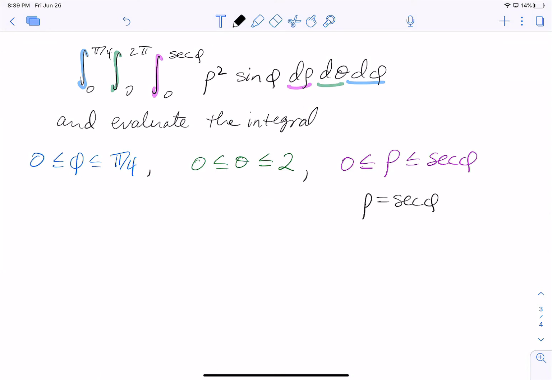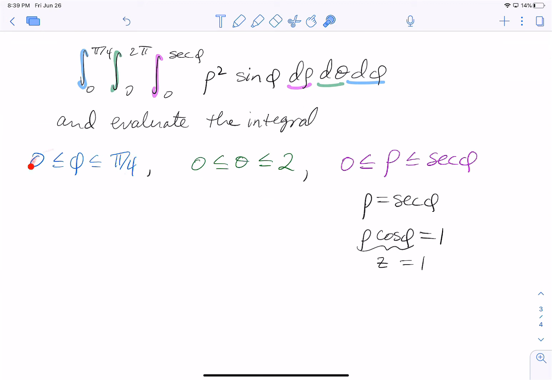Well, I know that's the reciprocal of the cosine. If we multiply both sides by the cosine, then we have rho cosine of phi is equal to 1. And if we recall, rho cosine of phi is equal to z. So this is really z equals 1. It's a horizontal plane.